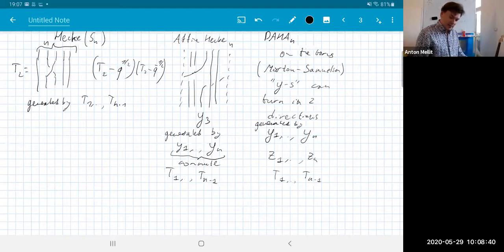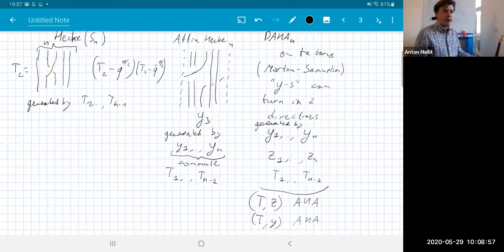But what is interesting about DAHA is that T's and Z's form an affine Hecke algebra. T's and Y's also form an affine Hecke algebra. And there are some braid relations between Z's and Y's.